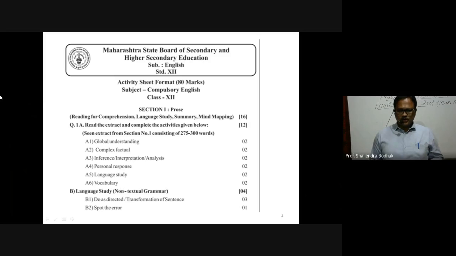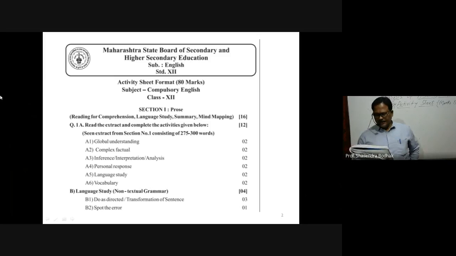They may ask you to guess, or they may ask you to infer or deduce, or draw a logical conclusion, or to take out the meaning according to the text or extract. So you have to take out the meaning of the text or extract. Then interpretation. Interpretation means to interpret.